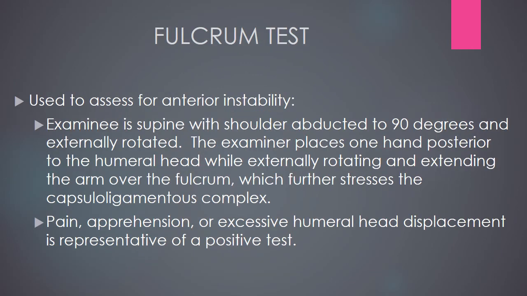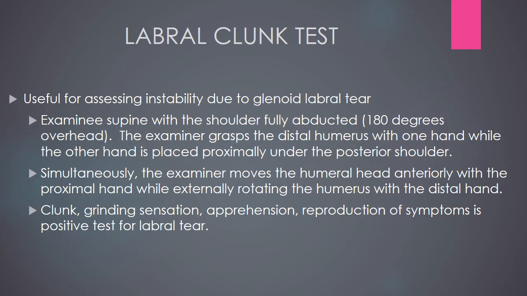There are some other tests that we use to assess for anterior instability, including the fulcrum test and the labral clunk test. And I won't discuss those now, but you can read about those, and you can Google those if you have additional interest. I'll just mention that the labral clunk test is a test I like quite a bit.